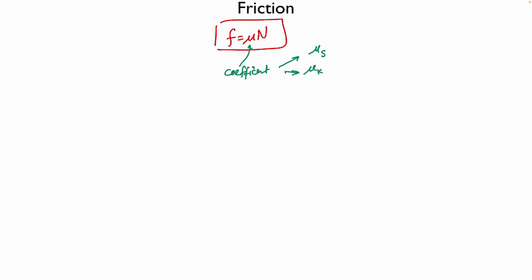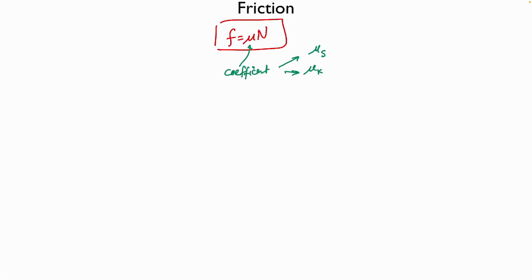But just so you know, you'll see that symbology in a lot of different places. It's a number that tells you how much friction there is at the surface of contact. Between your car tires and the road, it's like 0.4, somewhere in there.